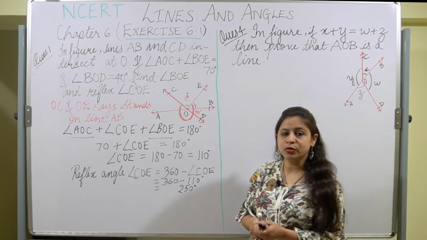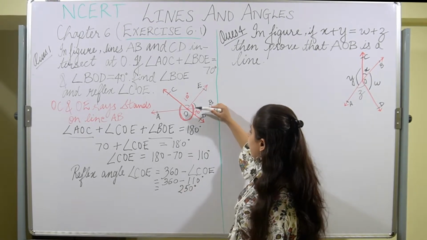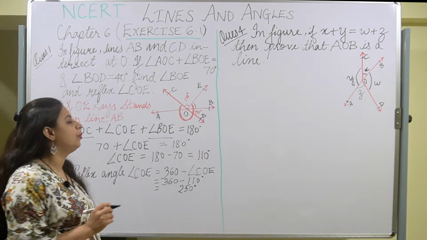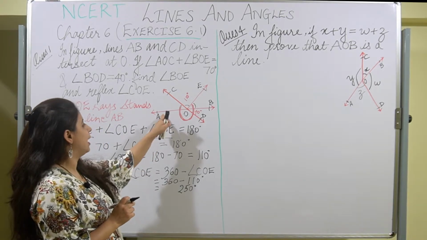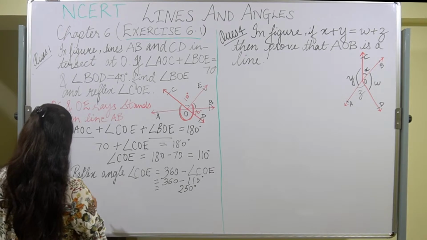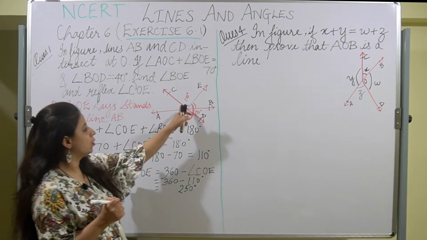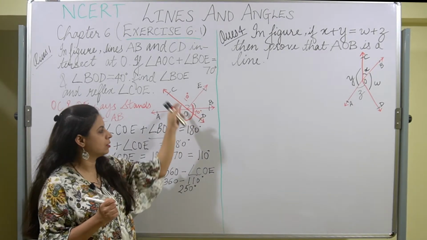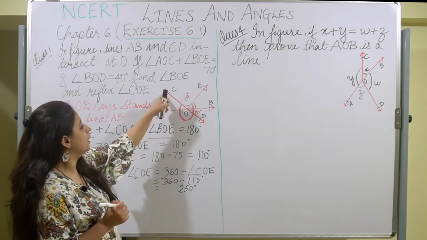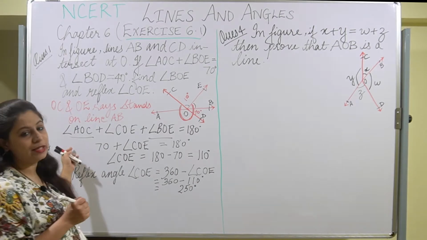The next angle which we have to find out in the question is angle BOE. Considering the straight line to be AB, and rays OE and OB on the straight line CD. Sorry, considering this line CD, not AB. We have already considered the line AB over here.